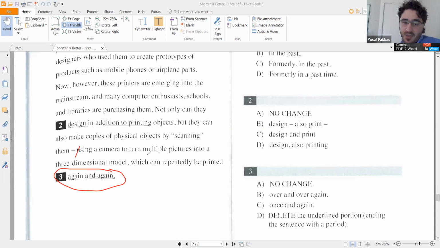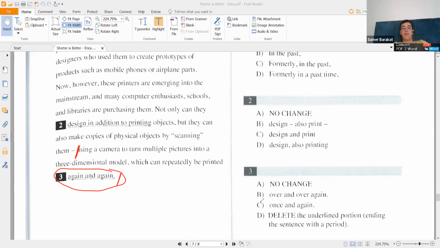Using a camera to turn multiple pictures into a 3-dimensional model, which can repeatedly be printed again and again. So in this context, when we start reading here until the end, do you think that we need to use again and again? No. So we choose C?